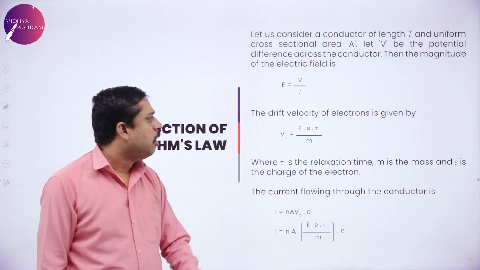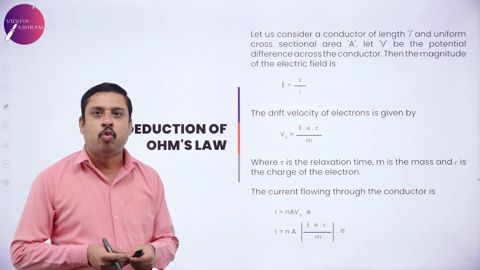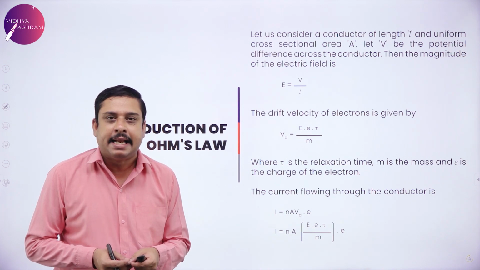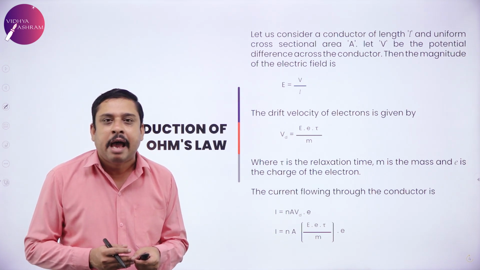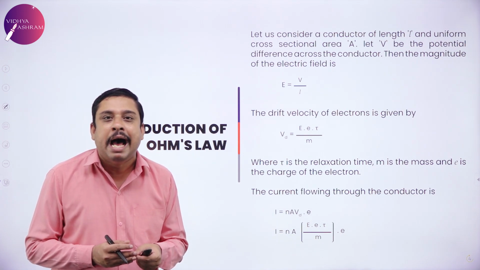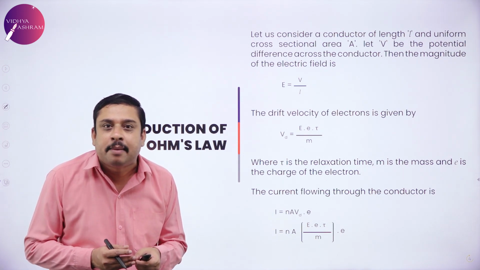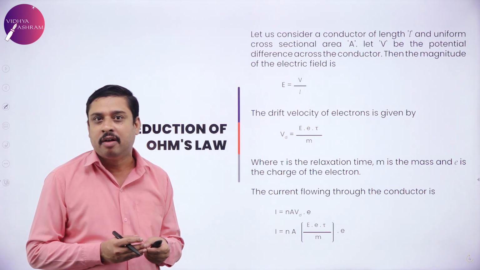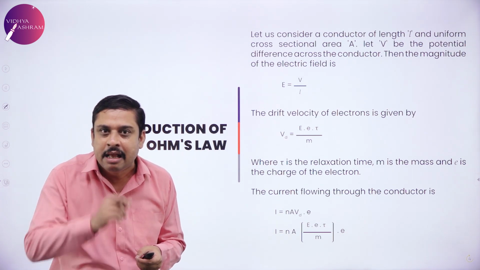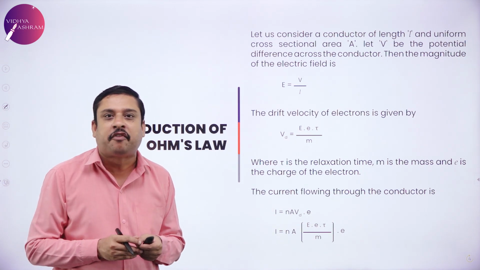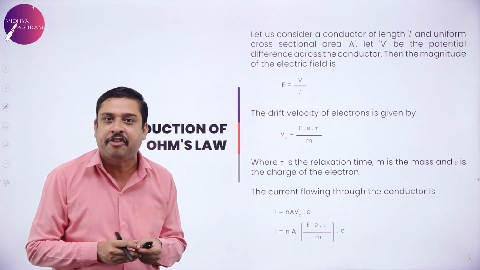Now, going to my next book work, which is actually an assignment. From the previous concepts, I want you all to arrive at the mathematical form of Ohm's law. I have given the drift velocity expression. Current in terms of drift velocity is derived.